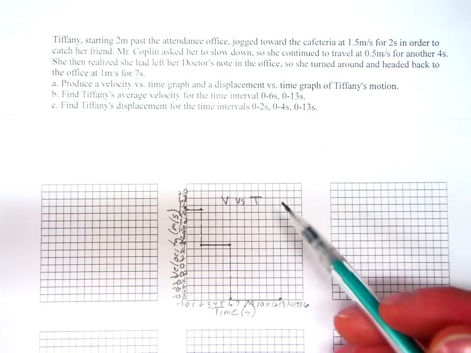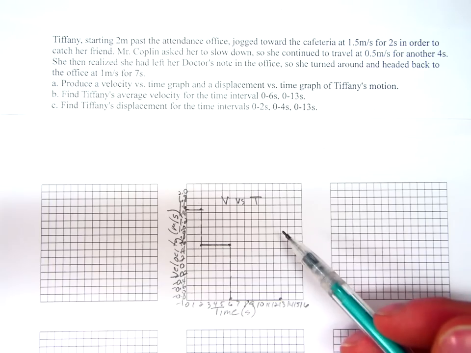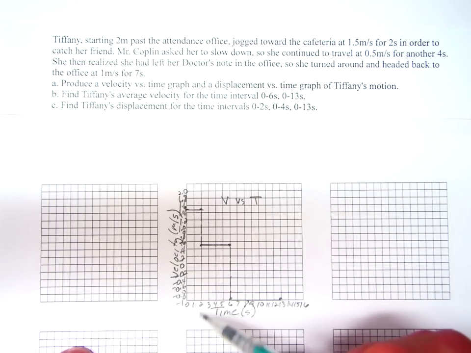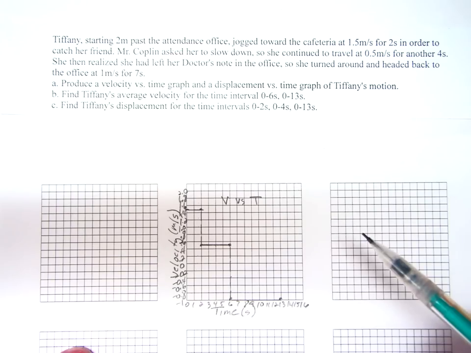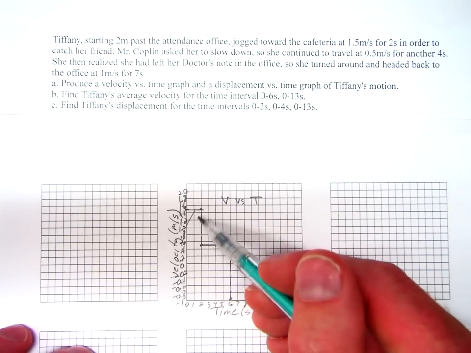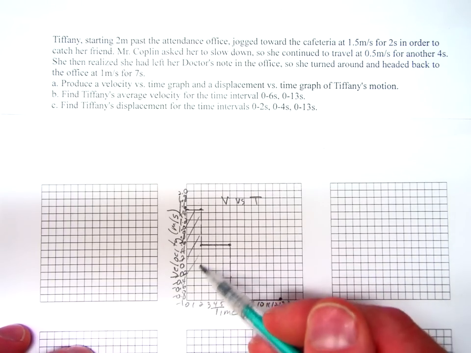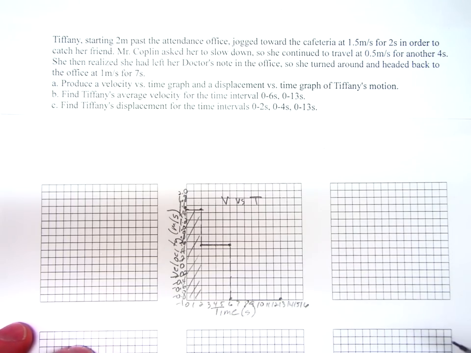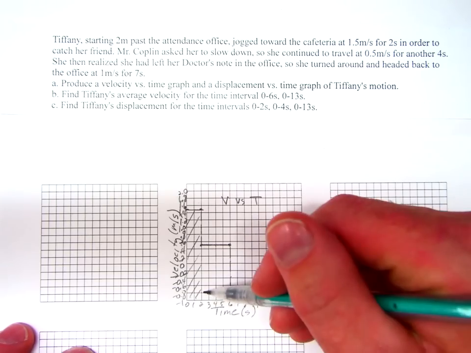So the area of a velocity versus time graph is the displacement. So the displacement from 0 to 2 seconds is going to be the area of this rectangle here. And the change in the displacement from 2 to 6 seconds is going to be the area of this rectangle.